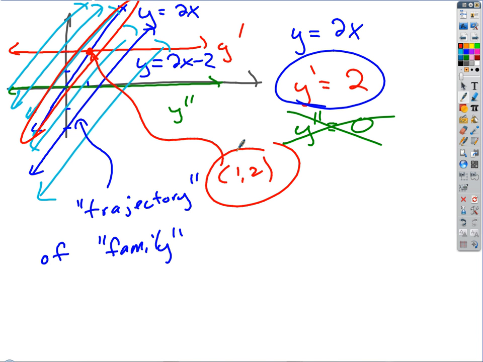We have picked just one curve out of that infinite family. In fact, we've been very particular, and we've come up with what's called a particular solution. Okay? How do we do that? So we've seen it graphically, but what if I want to take this differential equation, y prime equals 2, and we're going to choose the particular condition.